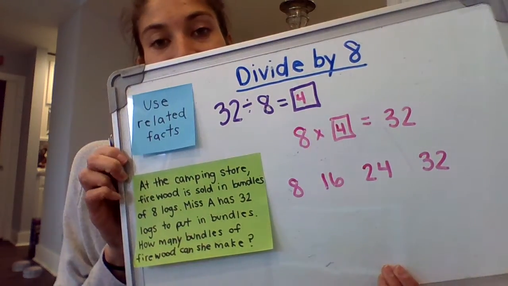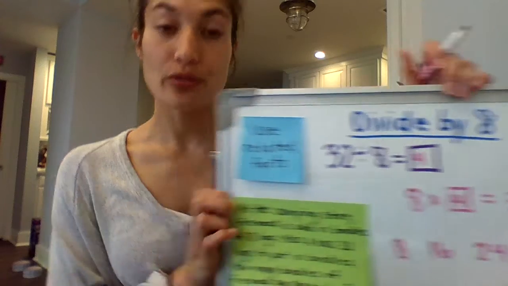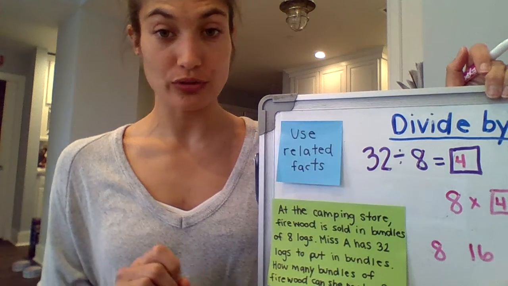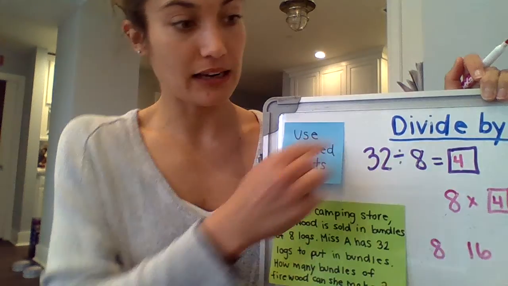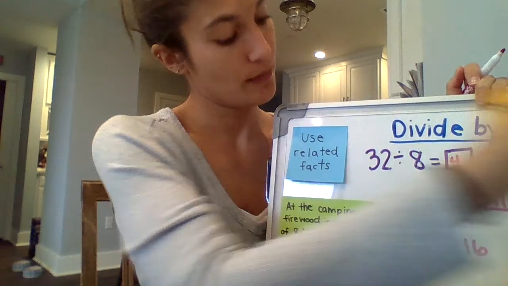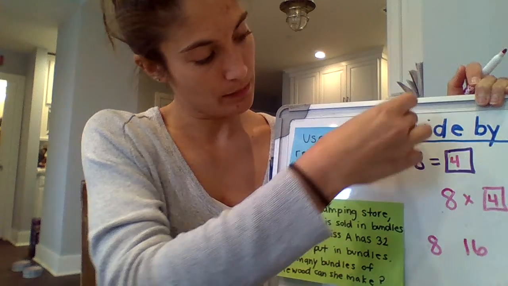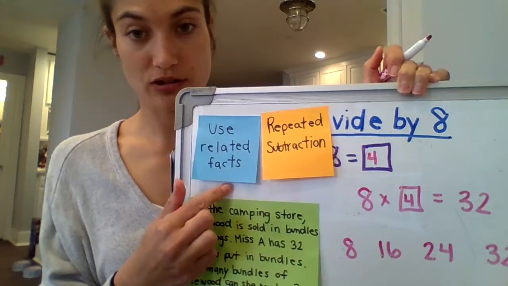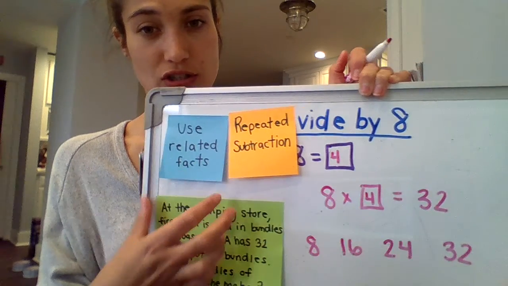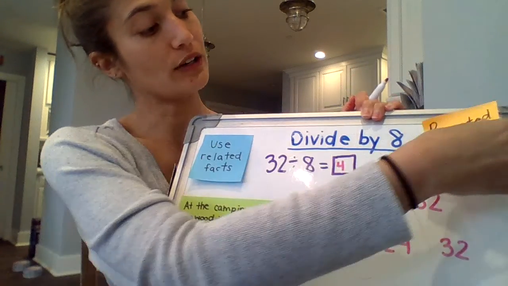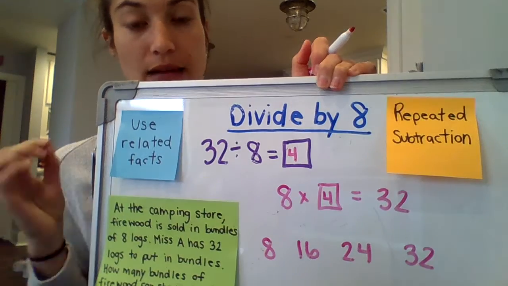So that means 32 divided by 8 is 4. Okay, so remember, those are 2 more strategies you can use when you are dividing: related facts or repeated subtraction. Both are great strategies to use when you are dividing by 8.